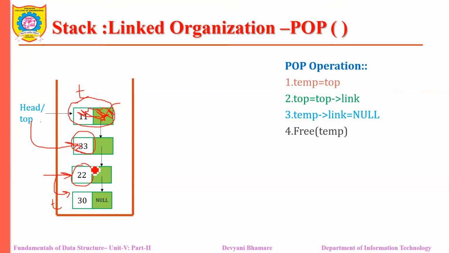Again we free temp, so this node is deleted. Now I want to pop the element which is pointed to by top. This is our temp. Top is equal to top of link, means my top is now null. Then again we free temp, which means this node is deleted.